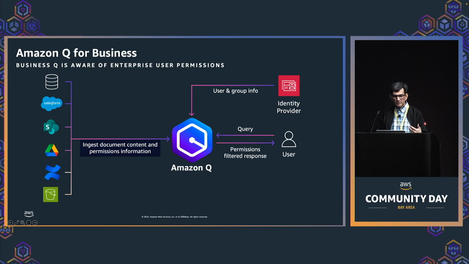As part of this crawling process, it also ingests the document permissions that specify which users and groups have access to specific documents. The final response that is generated is only from content that the user is authorized to access. So you do not have to worry about sensitive information being leaked across teams or across employees.